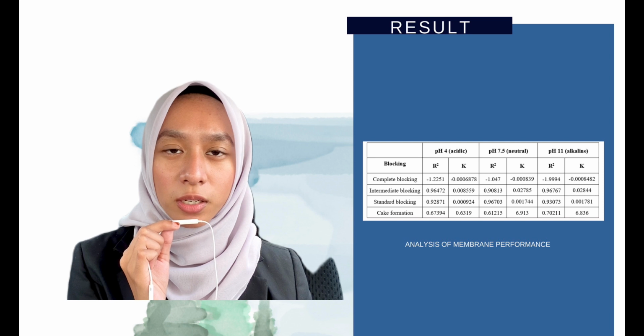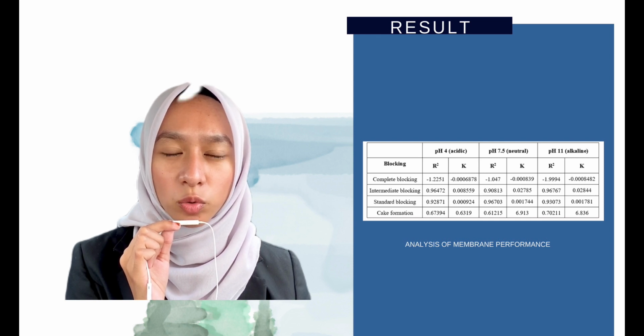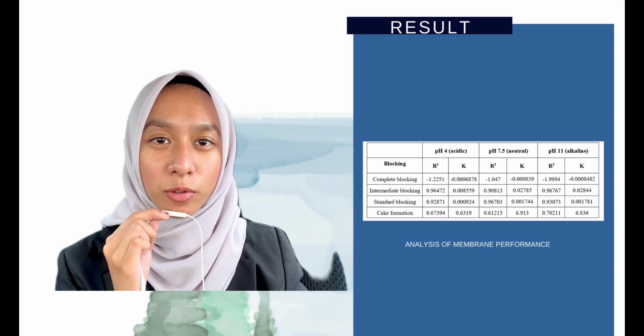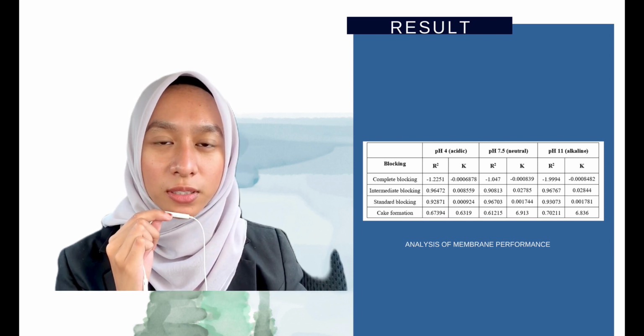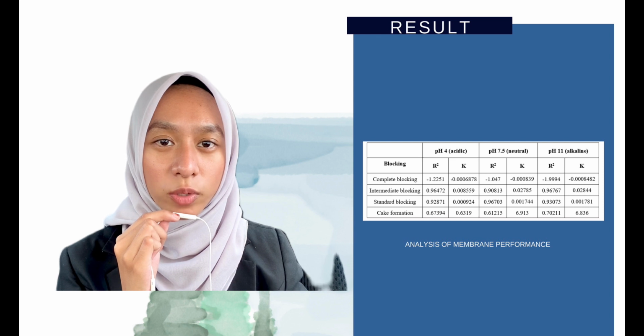Also, the gradual decline of the permeate flux for pH 7.5 is due to the low rate constants and the constriction of membrane pores due to small particles depositing onto the pore walls, which is proven from the result that the K value of the standard blocking mechanism at pH 7.5 is the second lowest compared to the other three blocking mechanisms.